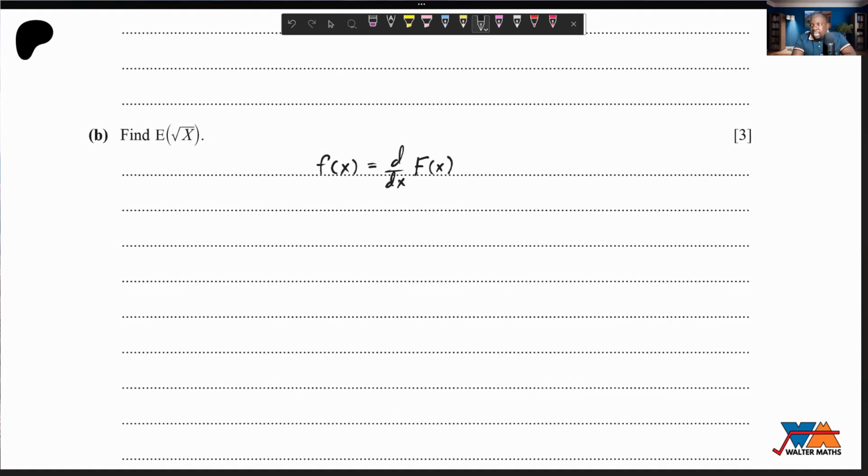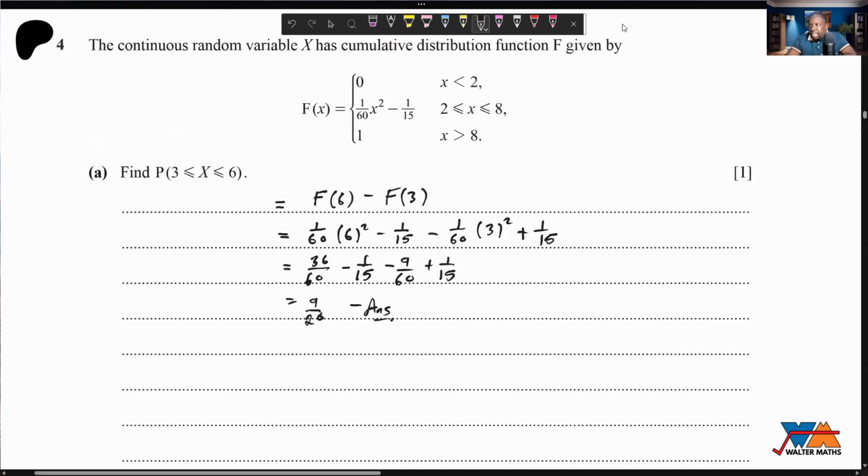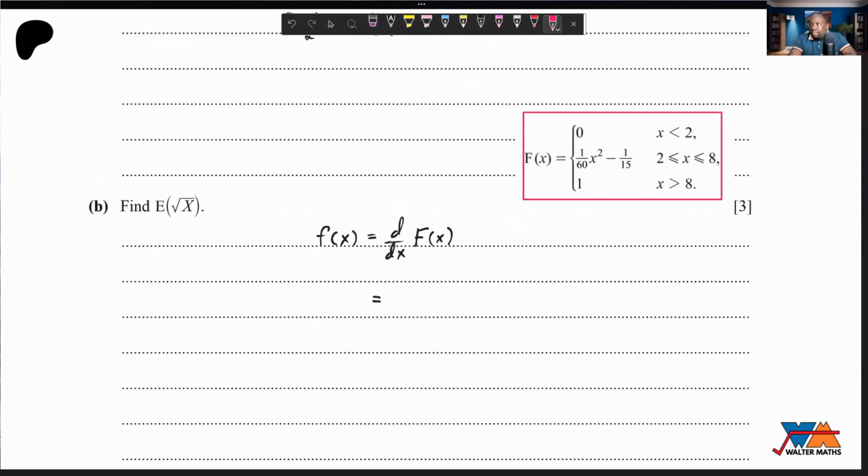Big F of x is this. Let me just copy this. Differentiating that, we get 1 over 30 of x, and that's all we get when we differentiate that.